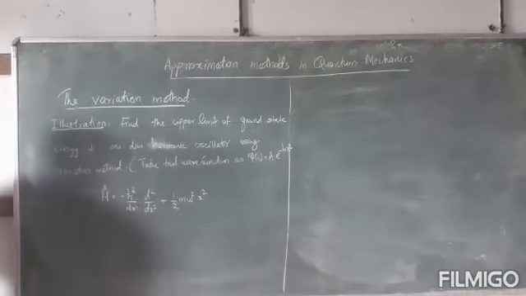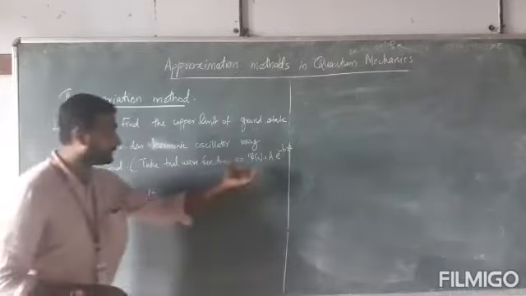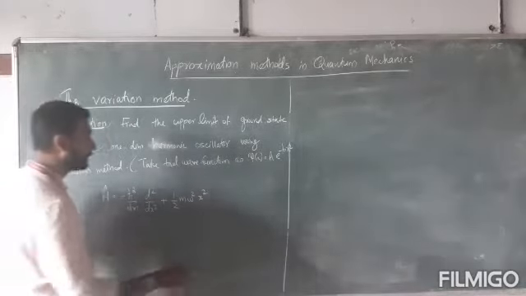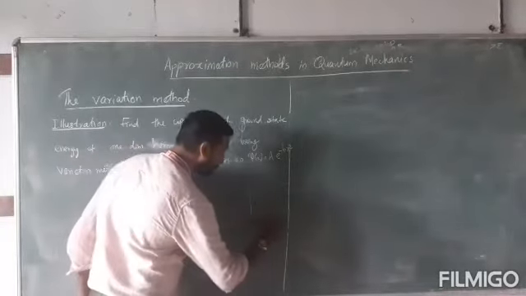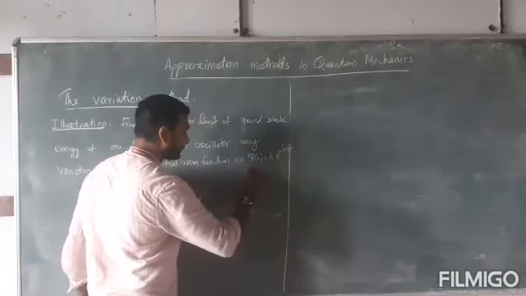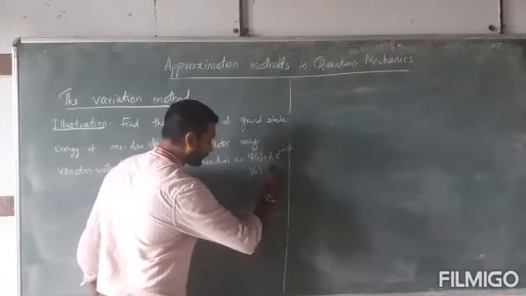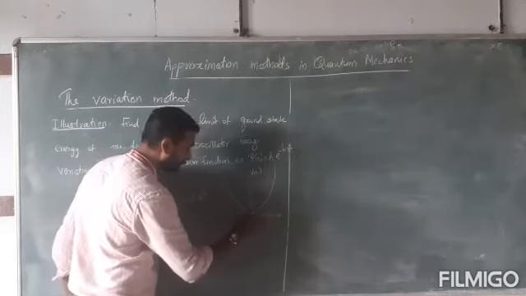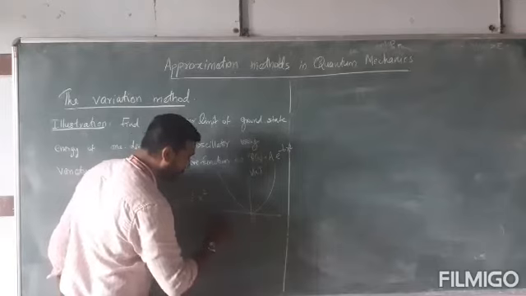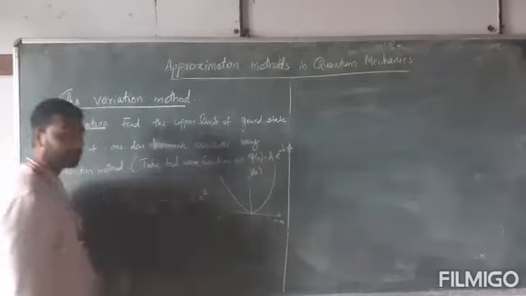Now, first we normalize this wave function. If you look at the harmonic oscillator problem, the potential V of x is a quadratic function of x, and here x can go from minus infinity to plus infinity.